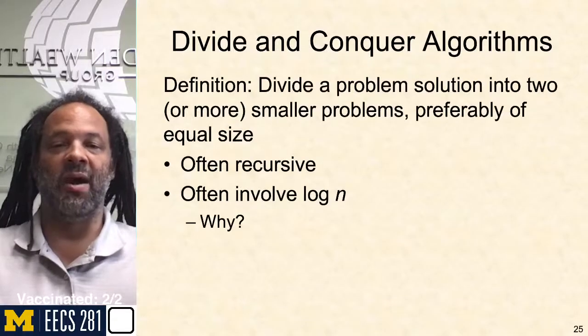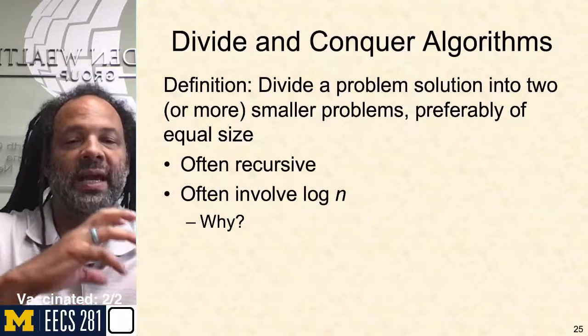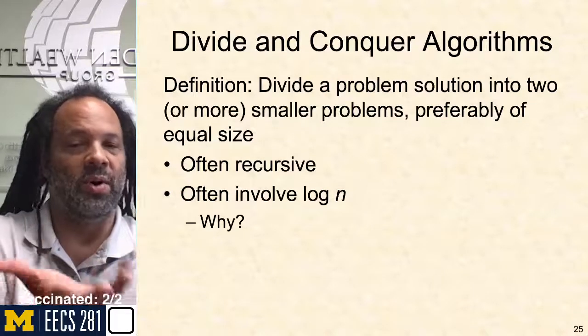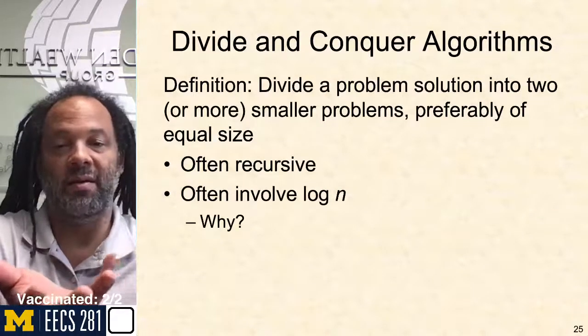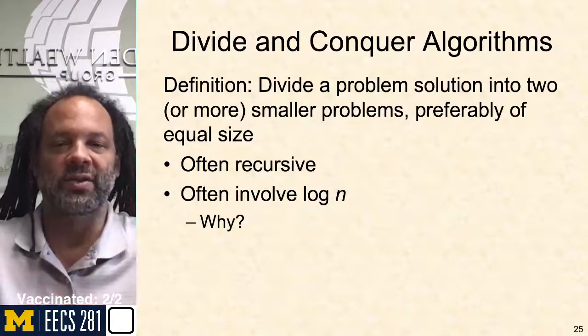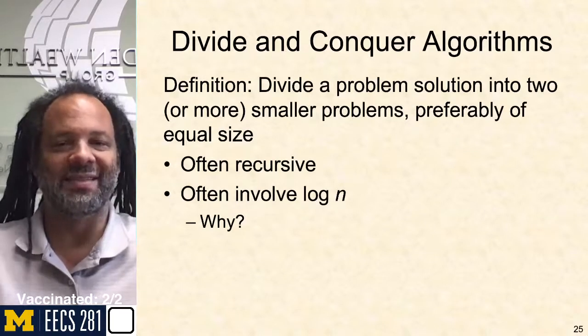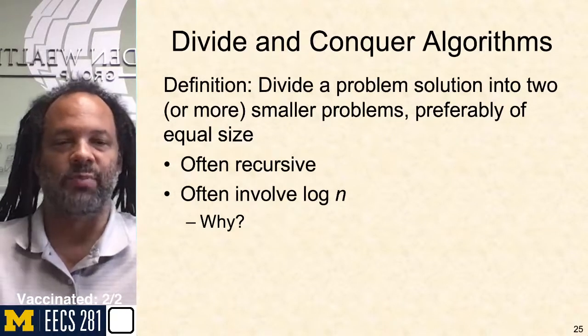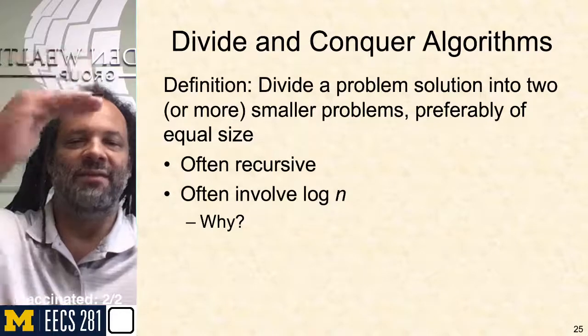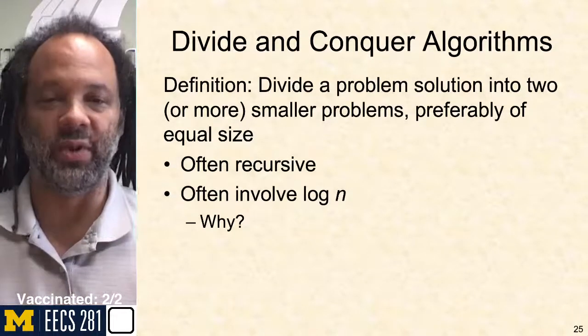In divide and conquer algorithms, we say that the problem solution is when we can divide this into two or maybe more, depending on the problem, smaller problems, all of which look exactly like the original problem, just smaller, right? Preferably, we can divide this into two equal size problems because that makes my division depth as shallow as I can generally get it to be.